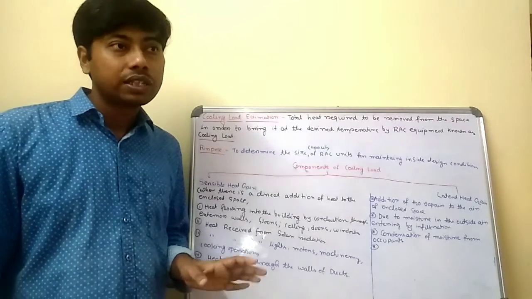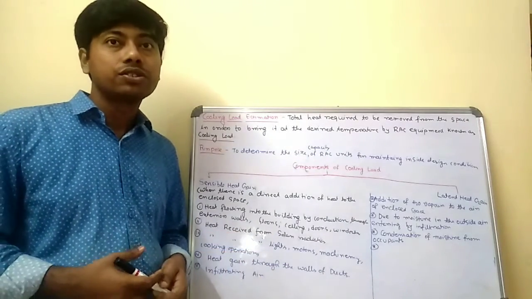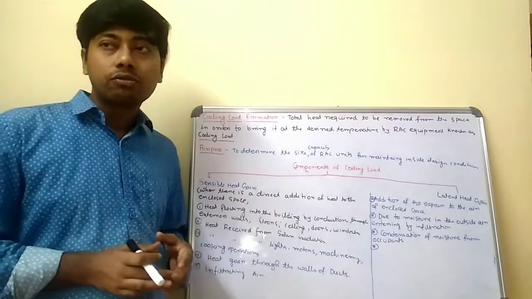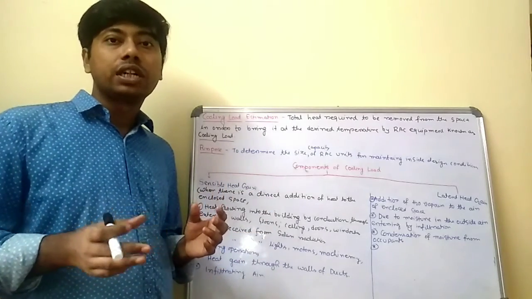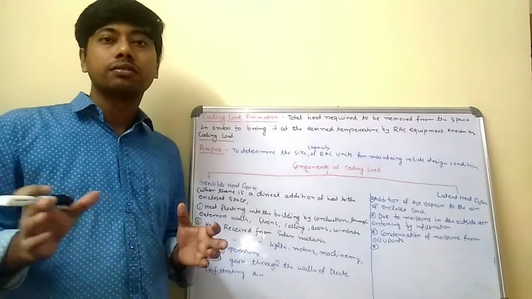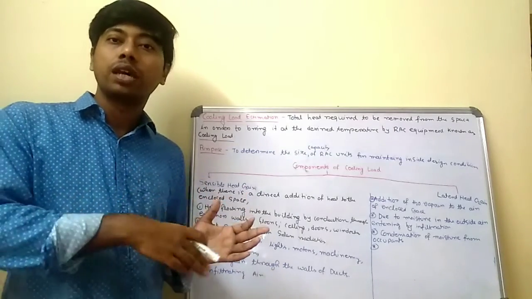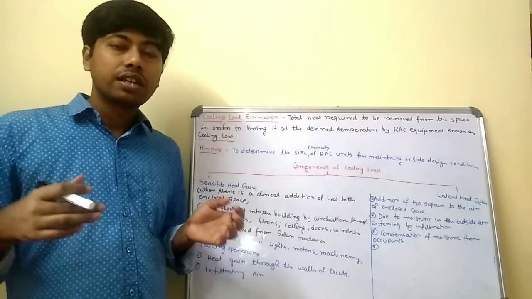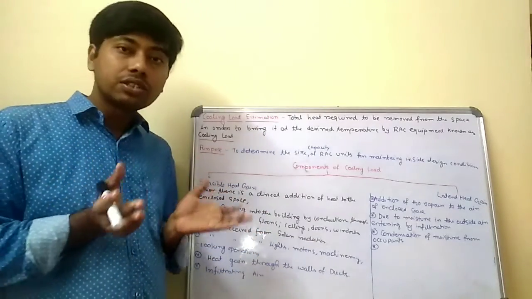When you purchase or design an air conditioning equipment to be installed in a particular room, first of all we have to calculate the amount of heat generated due to the light, the solar radiation, and the walls, where heat is conducted through exterior walls and interior walls depending on the outside and inside temperature difference. All these things you have to calculate.